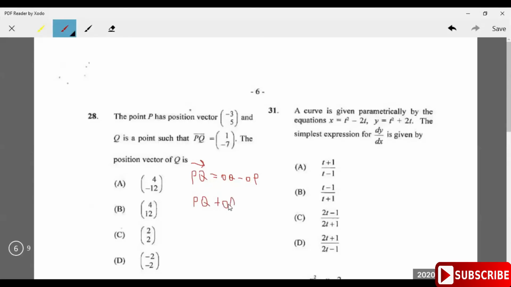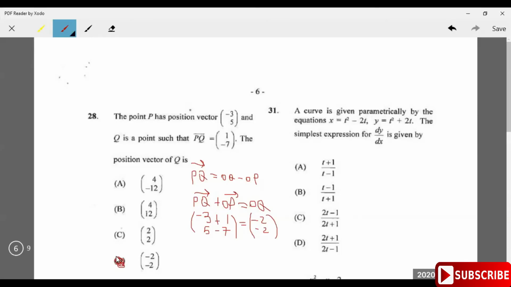So what we need to do is add the two vectors. PQ is 1, -7 and OP is -3, 5. Add these two vectors: -3 plus 1 and 5 plus -7. And that's OQ. That looks like -2, -2. That's OQ, -2, -2.